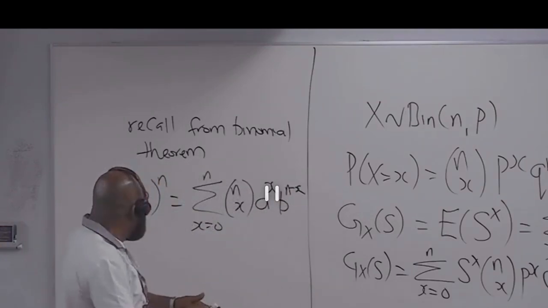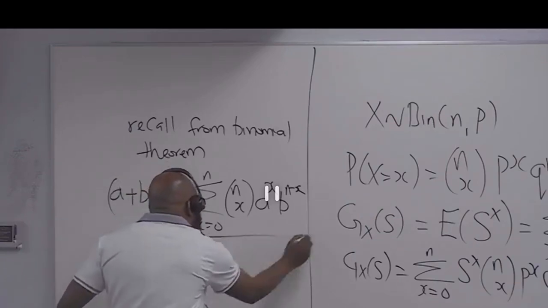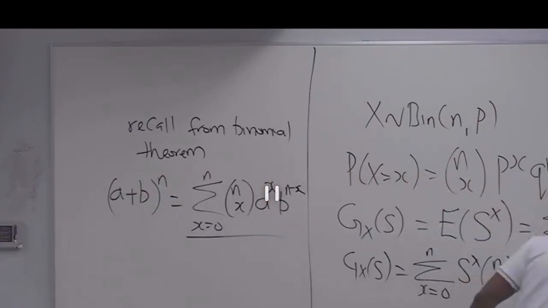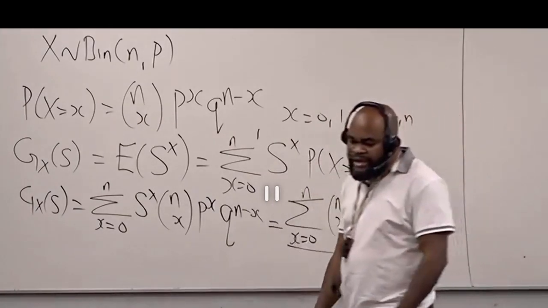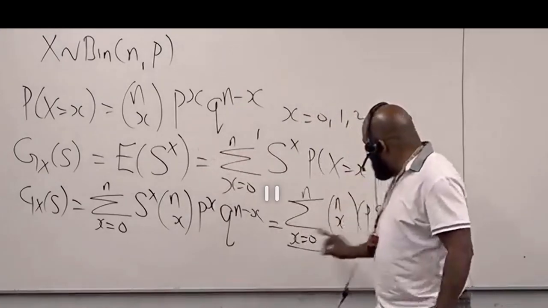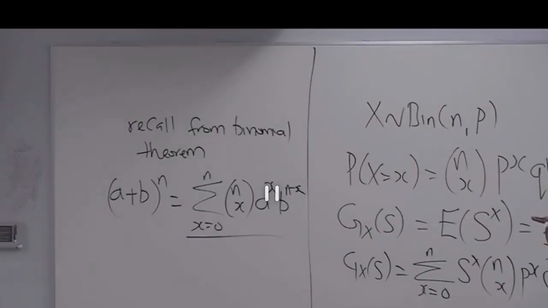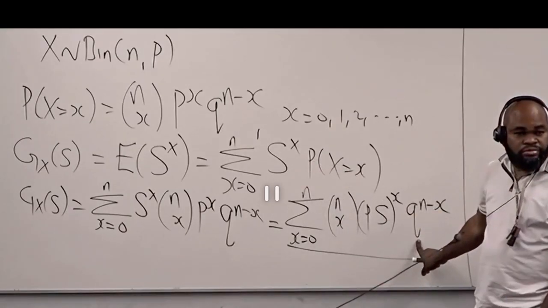This is recalling this from mathematics. I want to compare this with this. Then my a is going to be px, right? And b is going to be q.